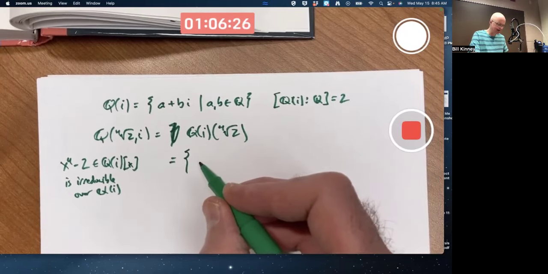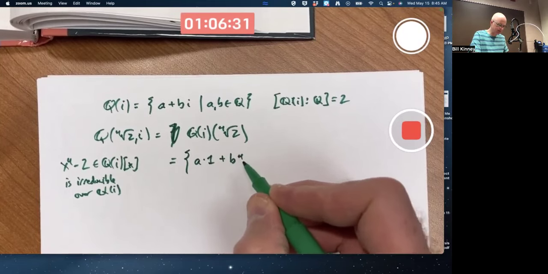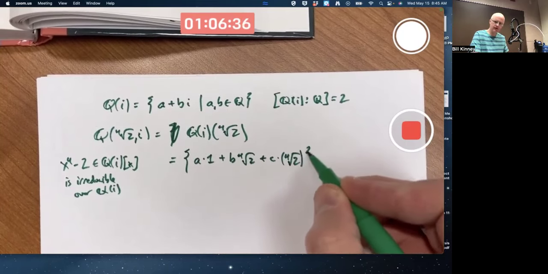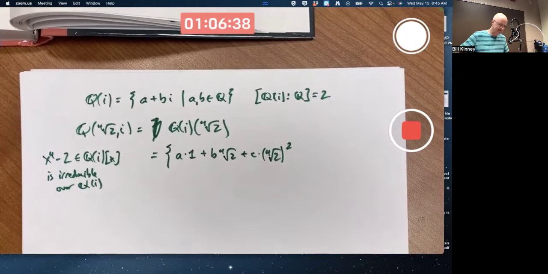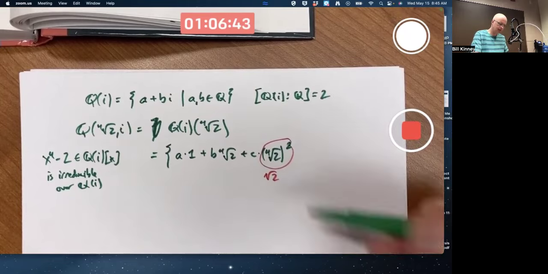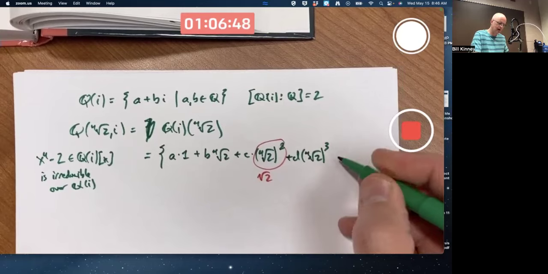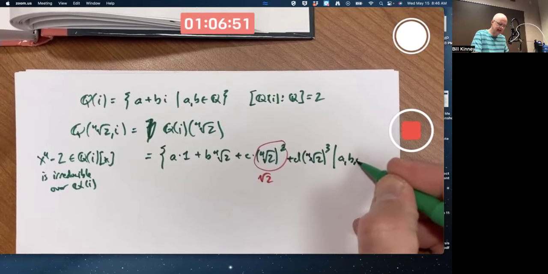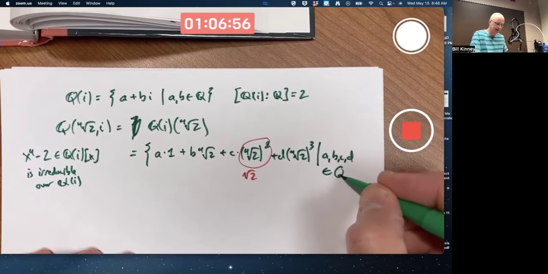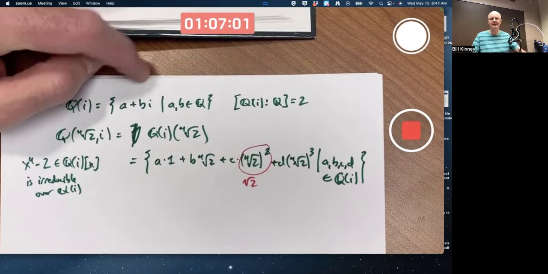I could write A times 1 plus B times 4th root of 2 plus C times 4th root of 2 squared, which, by the way, is square root of 2, plus D times 4th root of 2 cubed, where the A, B, C, and D are not rational numbers, but they're in Q adjoin i. They are of this form.